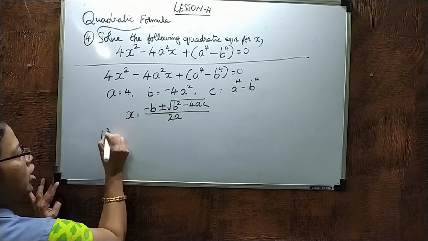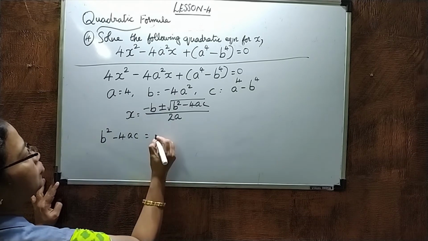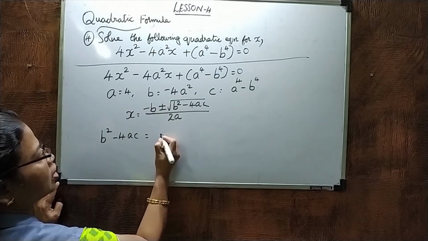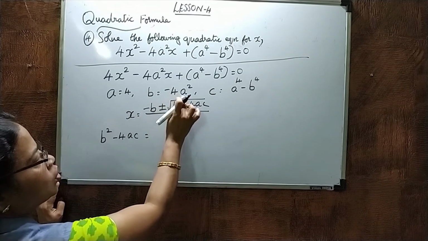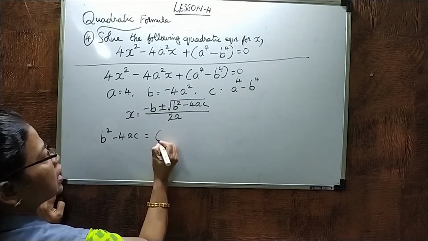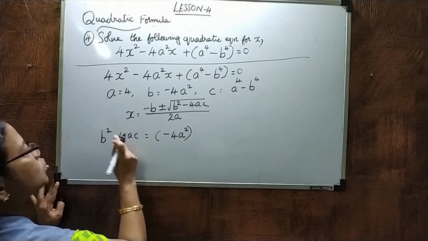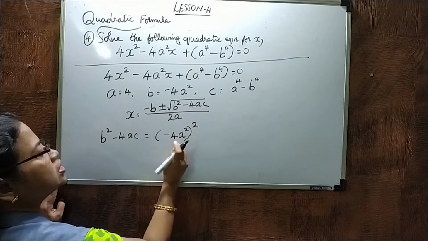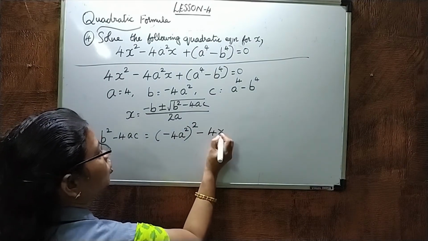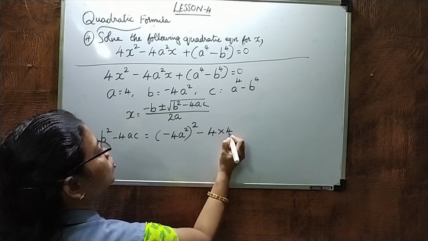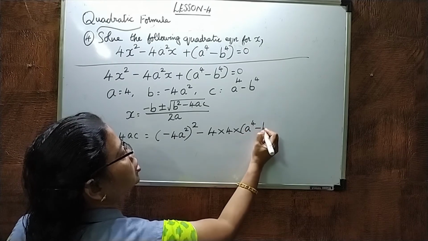Then b square minus 4ac you have to find out. b is negative 4a square, not all square, only negative 4a square. b square means this one, minus 4 into what is a? a is 4, into what is c? a raised to 4 minus b raised to 4.